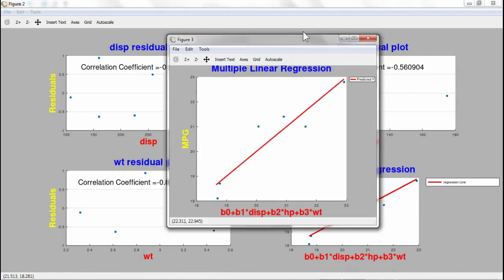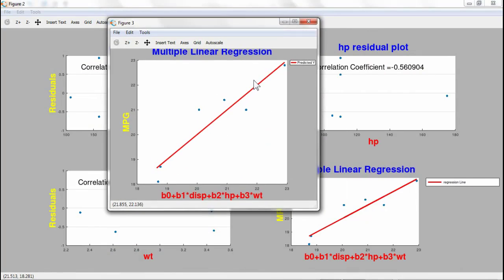And then finally, this scatter graph, which is the same as this one, shows the multiple linear regression line together with the multiple linear regression computational model.